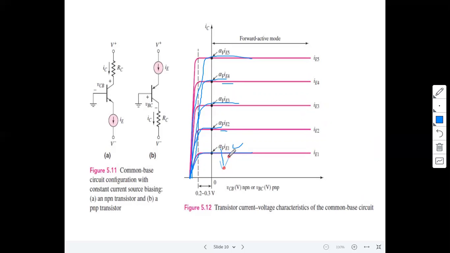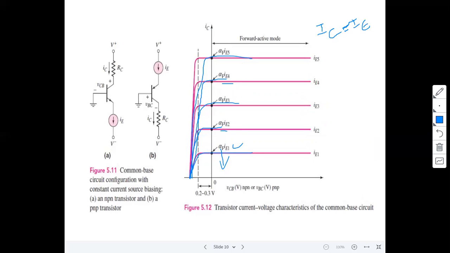What is the maximum value of alpha? Alpha maximum value is equal to 1. So that's why in CB configuration, IC is approximately equal to IE. So the current gain is equal to 1 here.